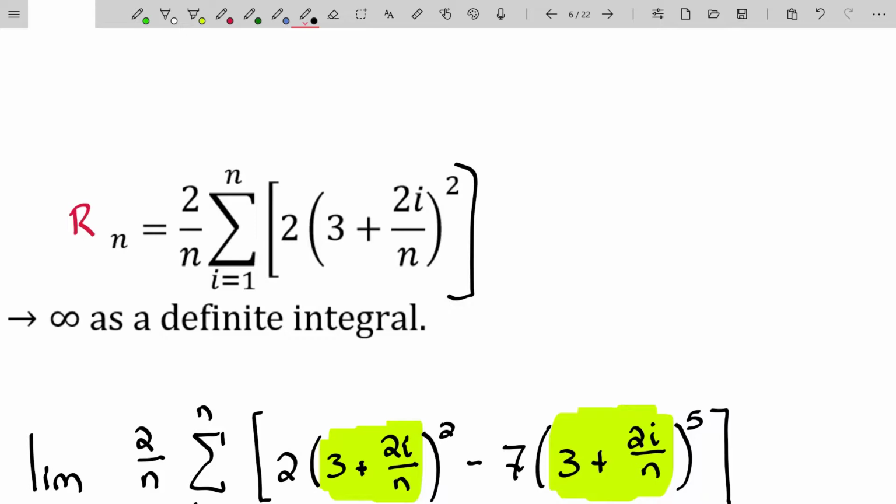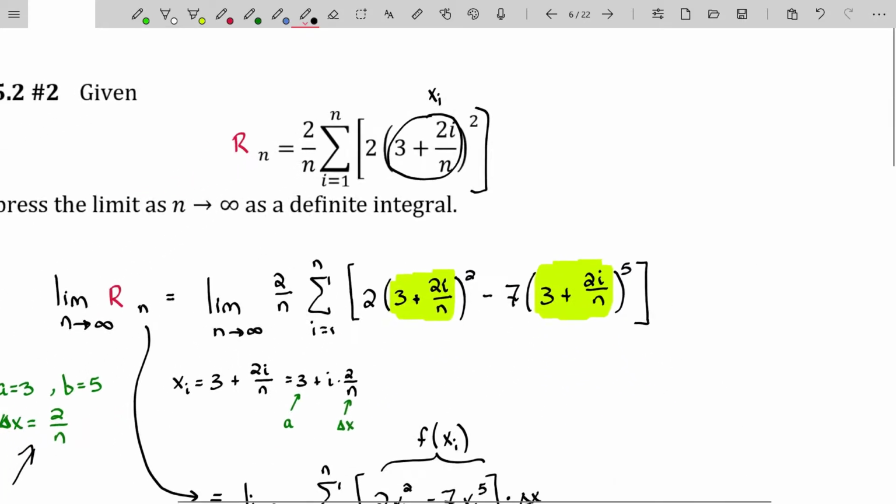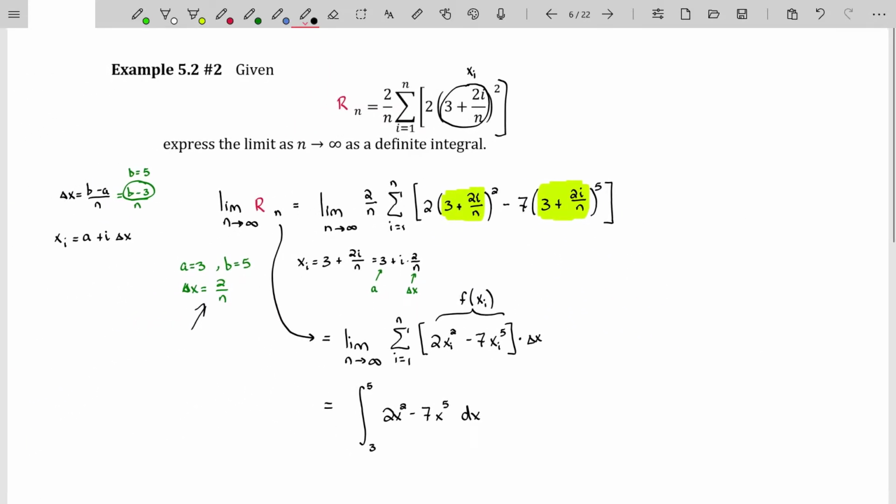Well, there's not much of a pattern, but you can see you have 3 plus 2i over n. So I'm going to pretend as though that's my x sub I, and then I can do what I just did. I can't just say, oh, that's x sub I, so it's 2x squared. I need to know the limits of the definite integral, and that's why I wrote down all this information right here.